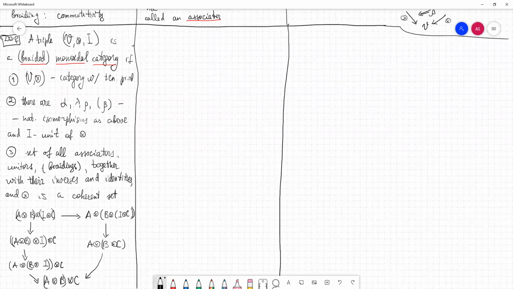Okay, so here what I have, I have associator using associativity.